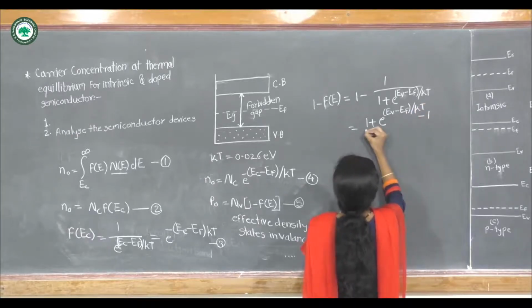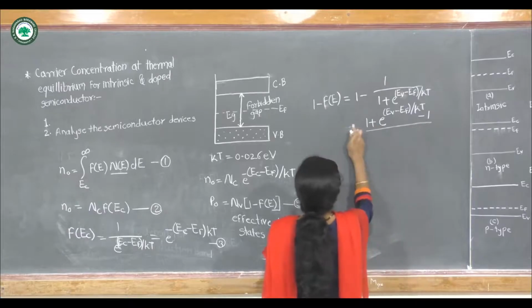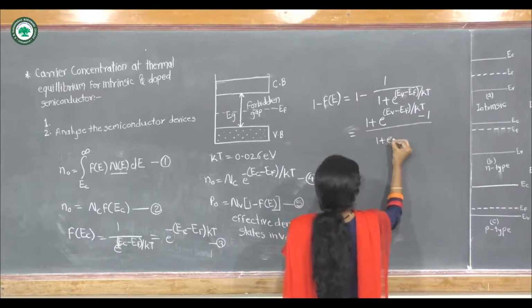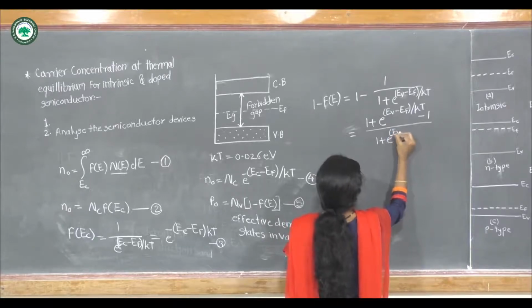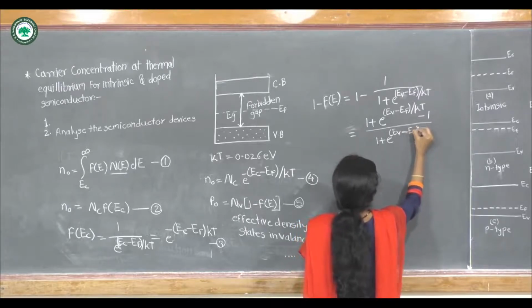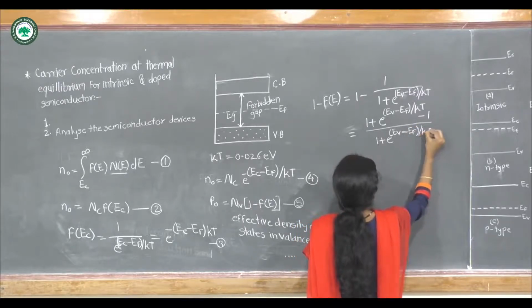minus 1 upon 1 plus e raised to (Ev minus Ef) upon kT.